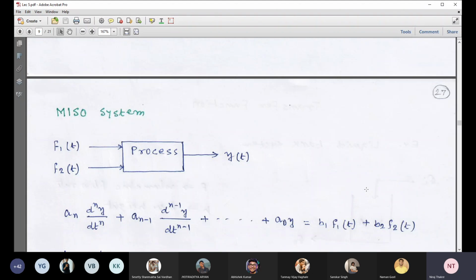Quickly do it. For this MISO system, let me know the transfer function for the process.